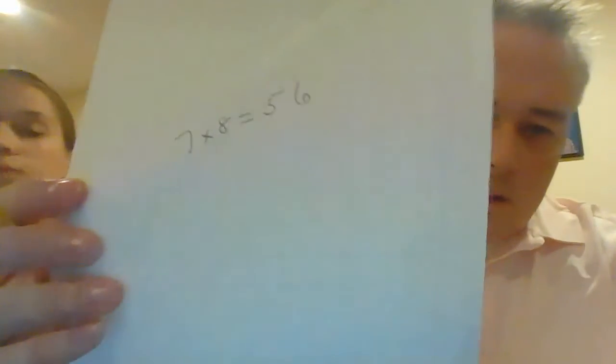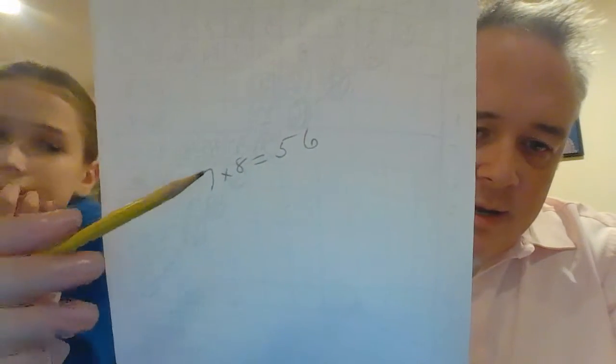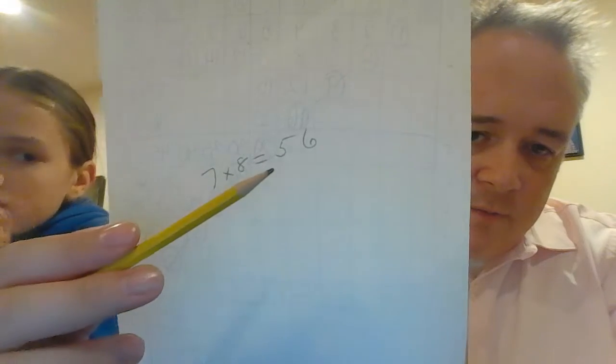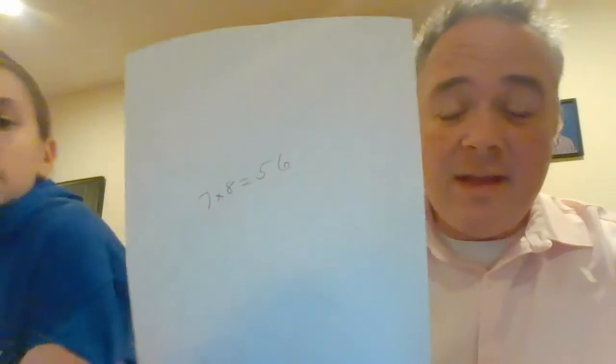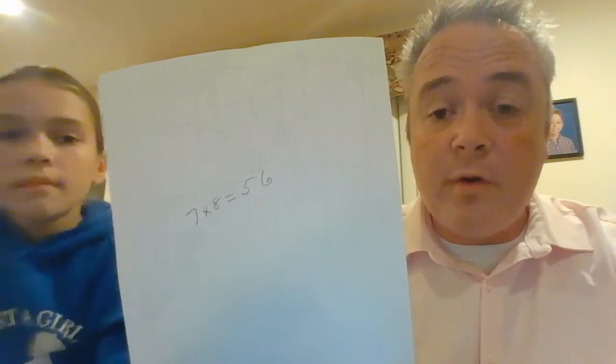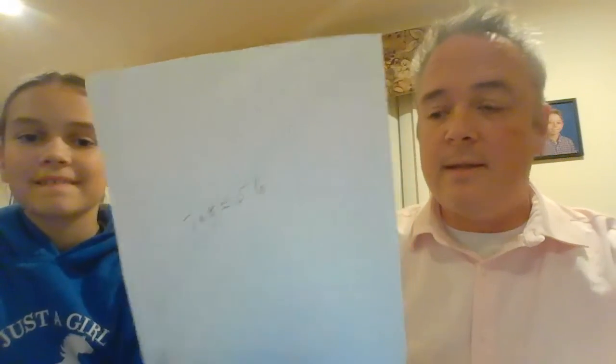Let's show everyone how that works, okay? Think about that. Before you go to 7th grade and 8th grade, you go to 5th grade and 6th grade. Watch. 7 times 8 equals 56. That's a really easy way to remember 7 times 8 is 56.